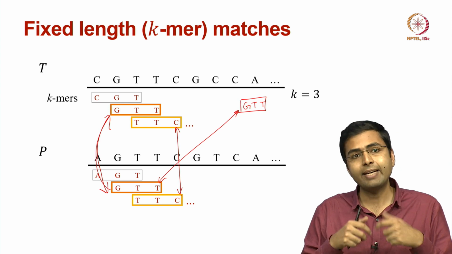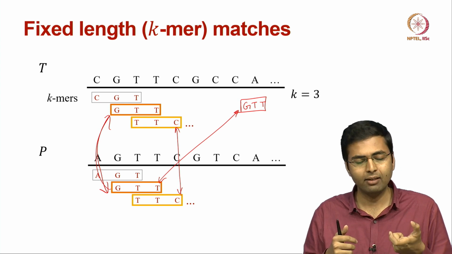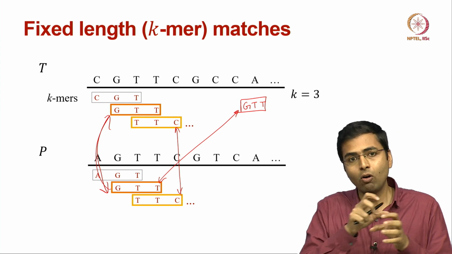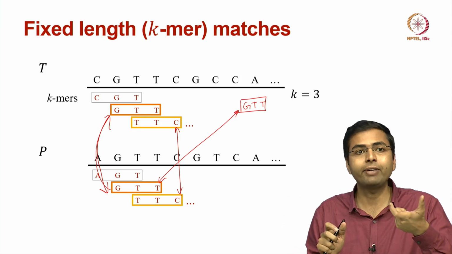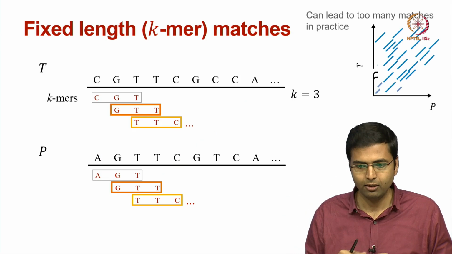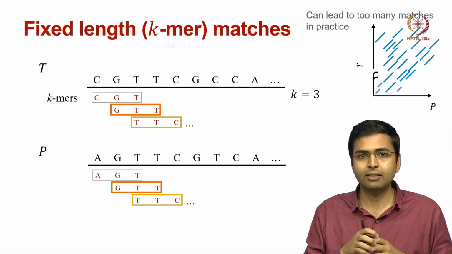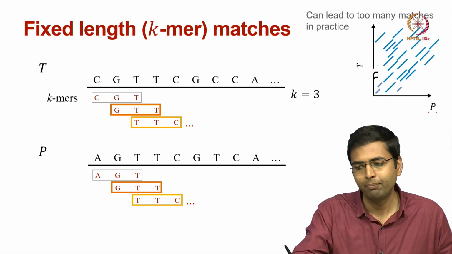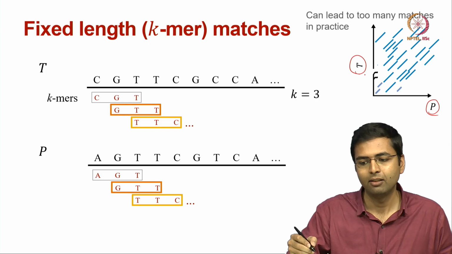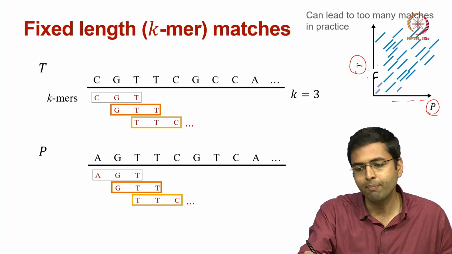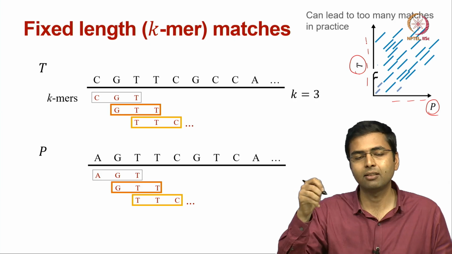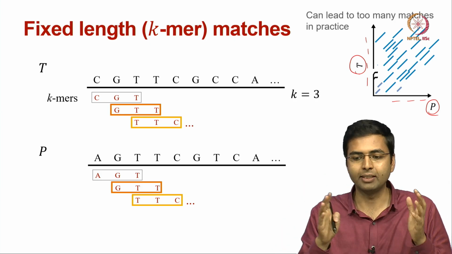So we can extract k length words from text and pattern, and then look at all the matches between text and pattern in the form of k length words. So all k length words in the pattern that have a match in the text will give us the matches between these two sequences.